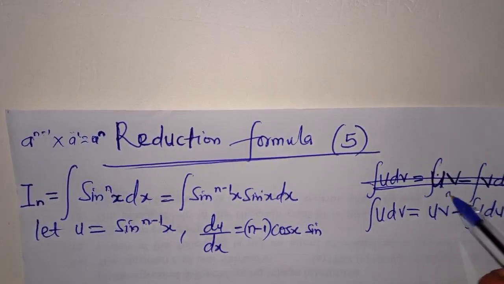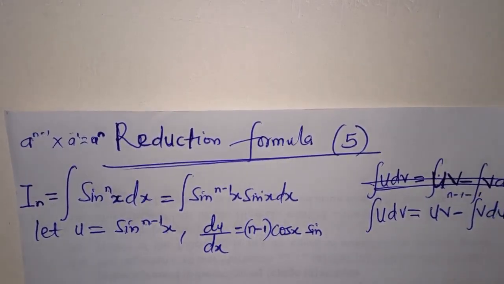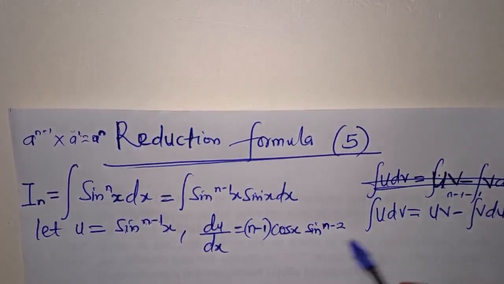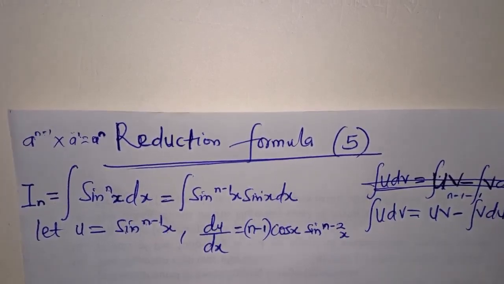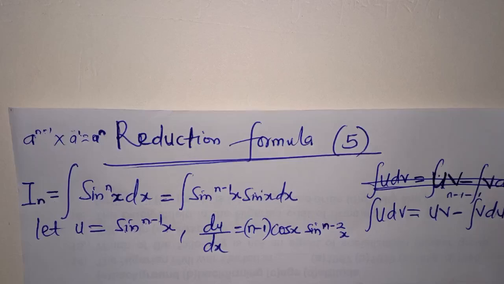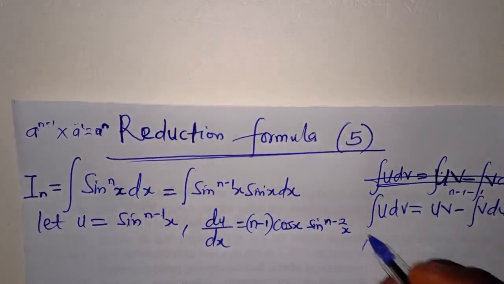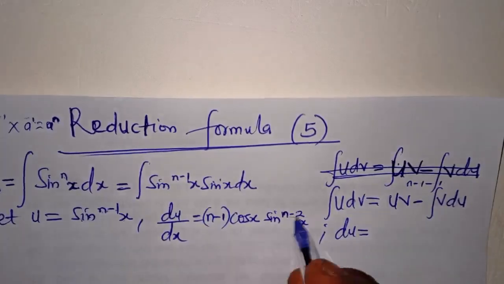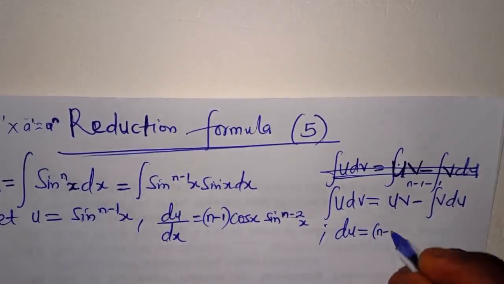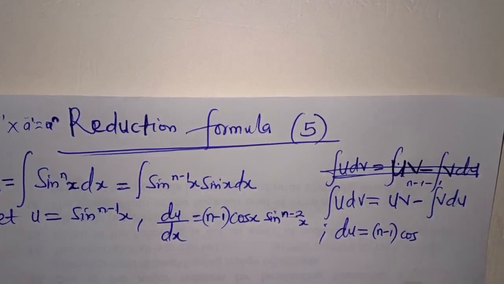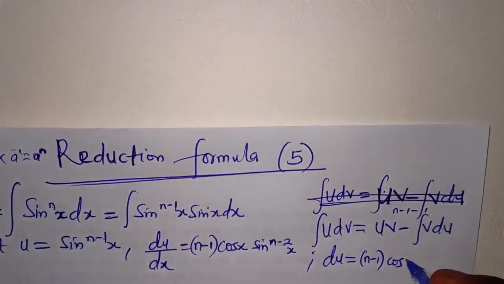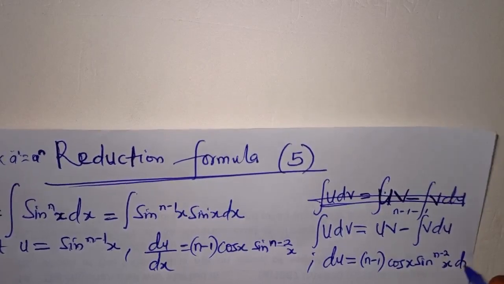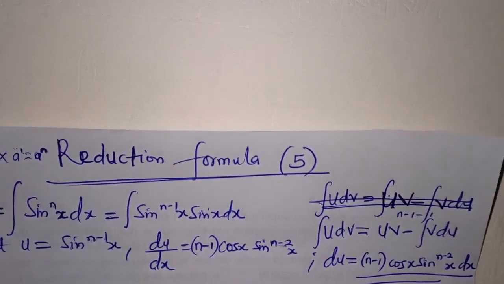What is n minus 1 minus 1? That will be n minus 2. So if I cross multiply, du will be equal to everything here times dx. That will be n minus 1 into the cosine of x times the sine of n minus 2 x dx. Good, let's keep this.